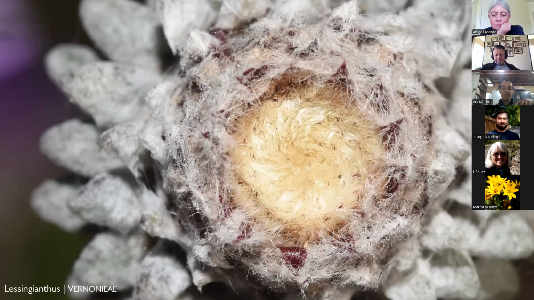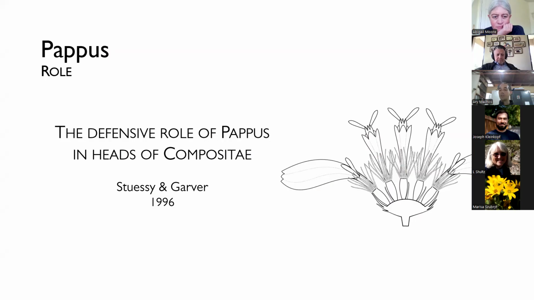So things like this led Stussey and Garver in 1996 to write a short paper where they shined a light on the defensive role that the pappus appears to be fulfilling across Compositae, right? They say that the pappus, beyond being an agent facilitating dispersal, can also act as a physical barrier against predation, from insects mostly.